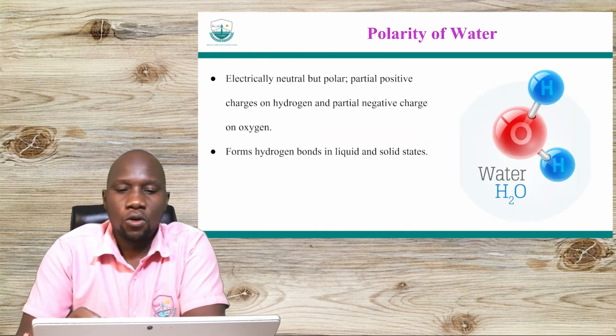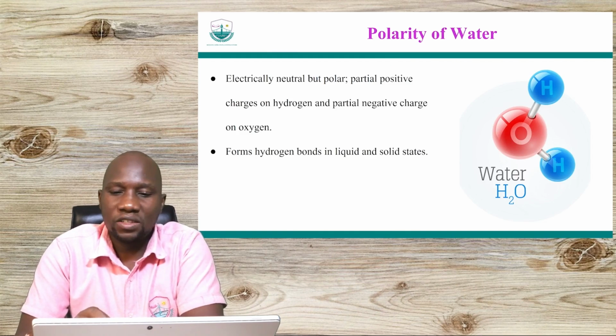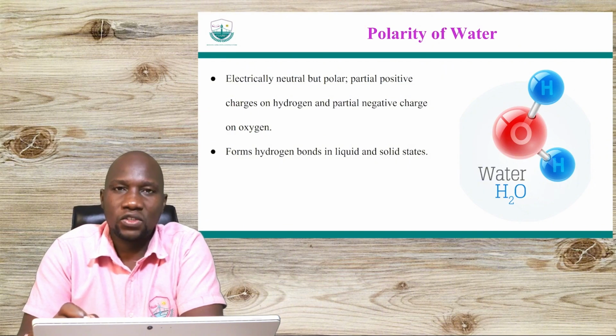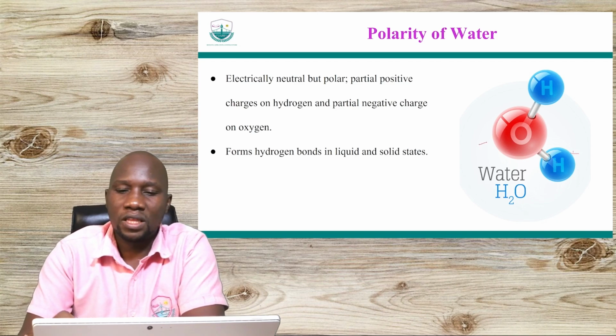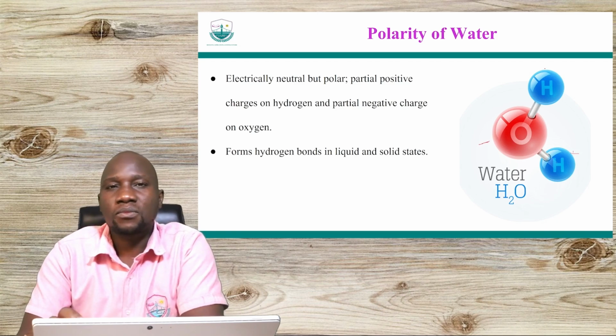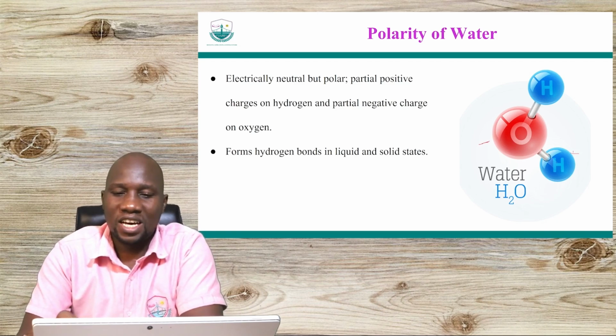So water is a polar molecule. It is polar because of the charges on the water molecule. So you have the hydrogen with a positive charge, and then the oxygen with a negative charge. When you have a molecule that has both positive and negative charges, we say that it is a polar molecule.